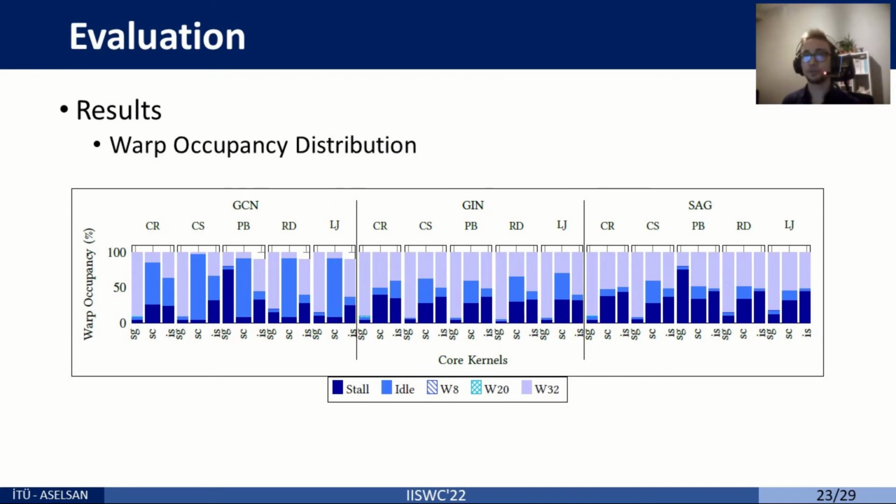From the GPGPU-Sim, we used metric warp occupancy to show warp distribution of the kernels. This metric stands for the ratio of active warps to maximum number of supported active warps. Here you can see the distribution of warp occupancy for MP-based implementations on different GNN models and varying datasets.